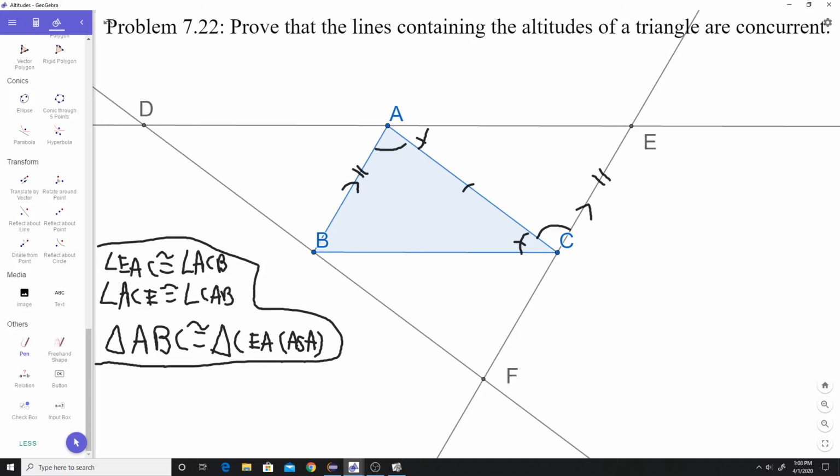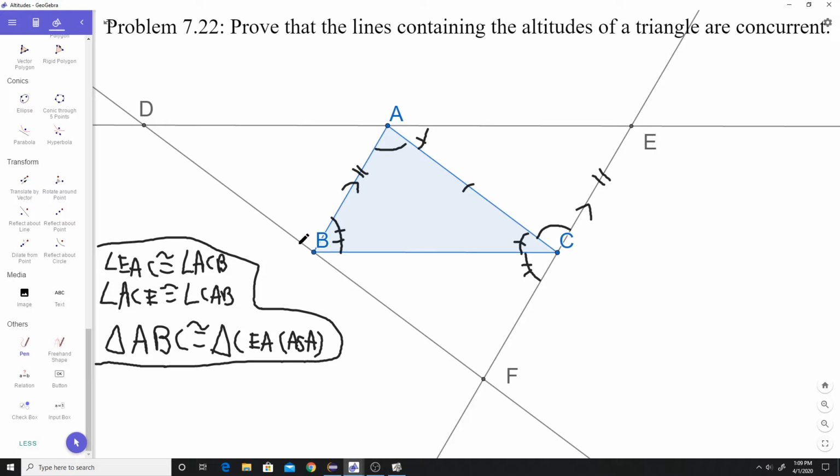Because, for example, if BC is parallel to DE, then that means that this angle right here, and if BA is parallel to EF, that implies this angle with the two tick marks is the same as this one because of alternate interior angles.